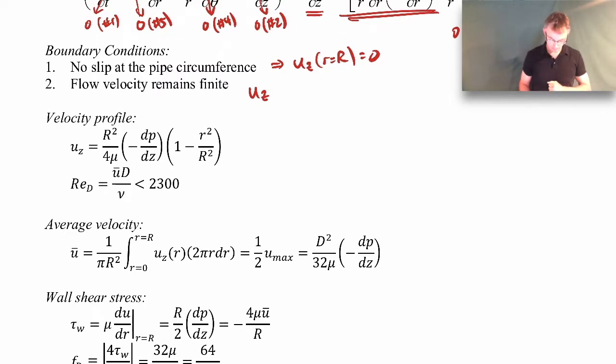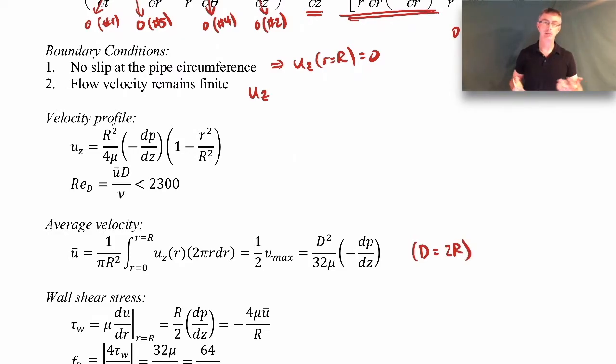And in terms of the other variables, when you plug this in to here, you'll get it equal to that, where the diameter is just, of course, 2 times the radius. I just put it in terms of diameter there because we'll use diameter later in the derivation.